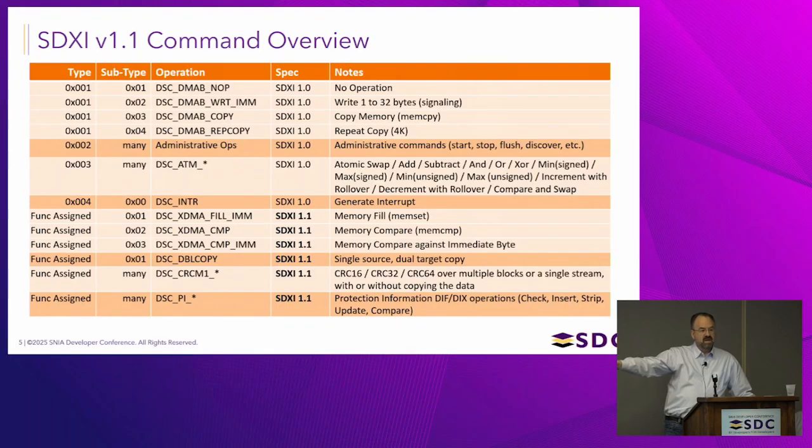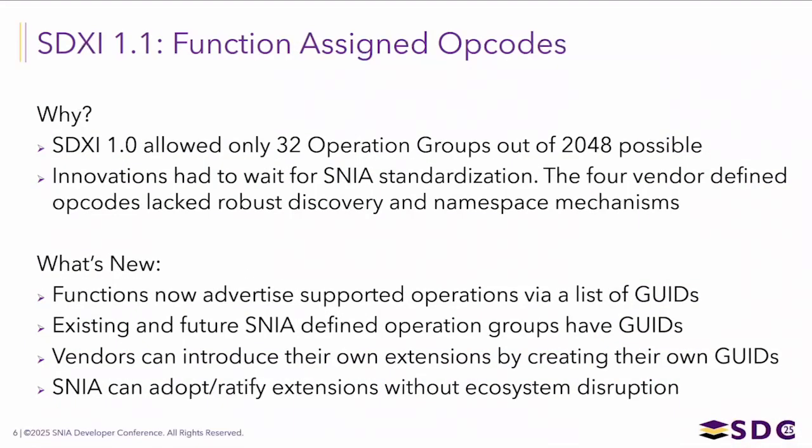That's the opcode type, and the opcode type is actually split into a type and subtype, and then the subtype column. But for the 1.1 commands, you'll see a function assigned. The function assigned concept is a new capability we've added to SDXI 1.1 to make it much more extensible than SDXI 1.0 was.